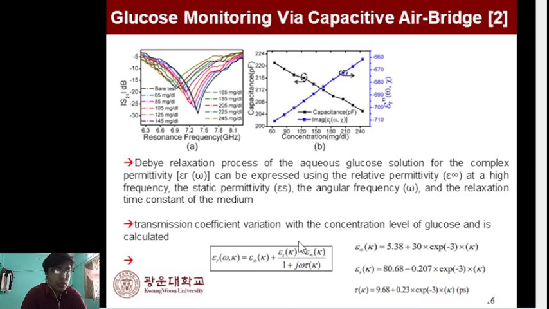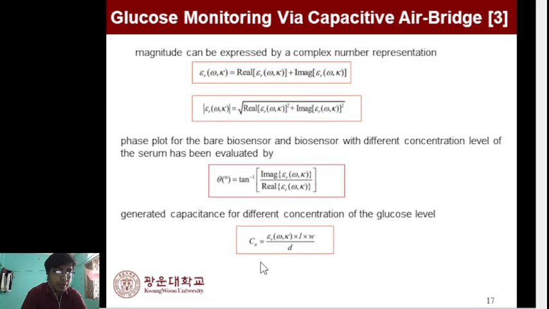We measure the transmission variation with the concentration level of glucose, calculated using this formula. Here we also summarize the magnitude expressed in complex number representation. After that, by discussing the phase plot equation, here we see the phase plot of the equation, and the capacitance at different glucose concentration levels is also calculated by this.